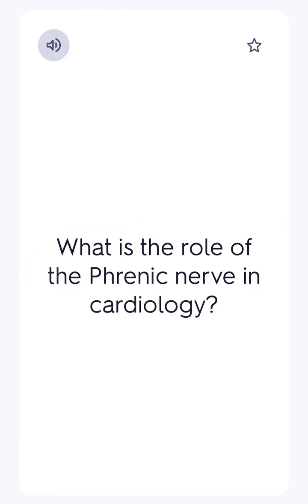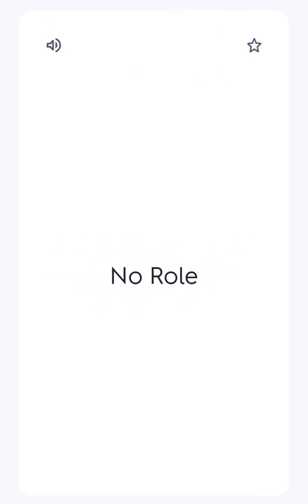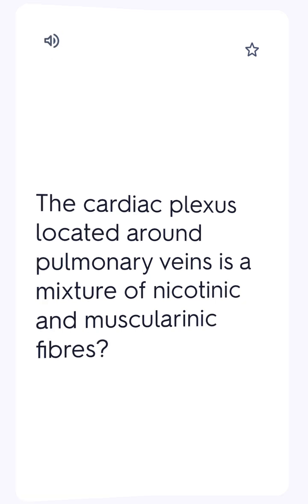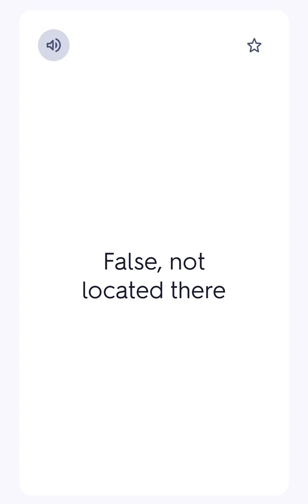What is the role of the phrenic nerve in cardiology? No role. The cardiac plexus located around pulmonary veins is a mixture of nicotinic and muscarinic fibers. False, not located there.